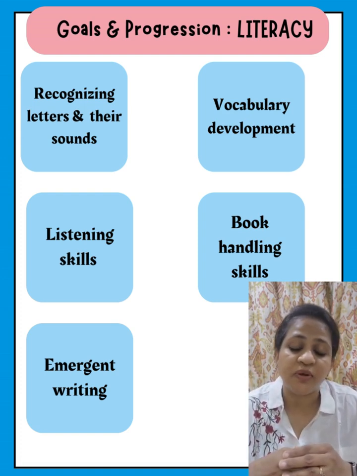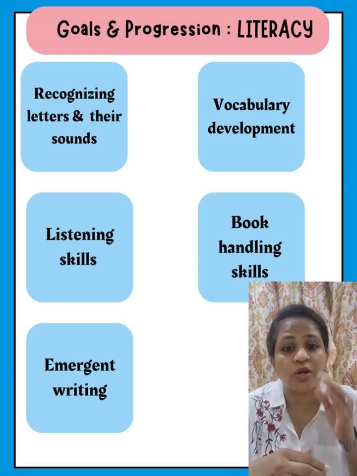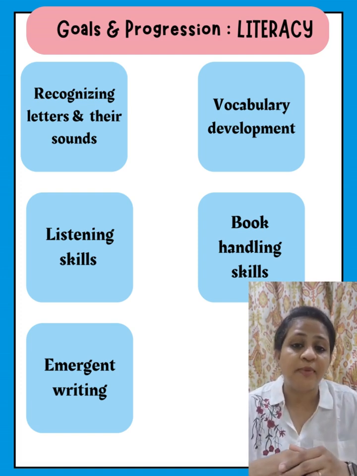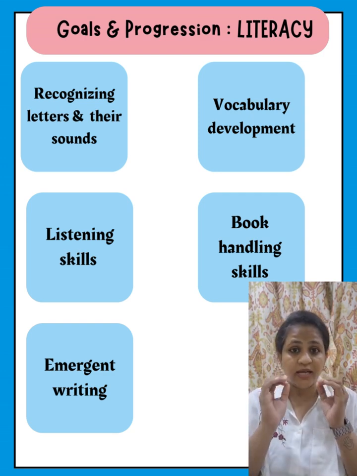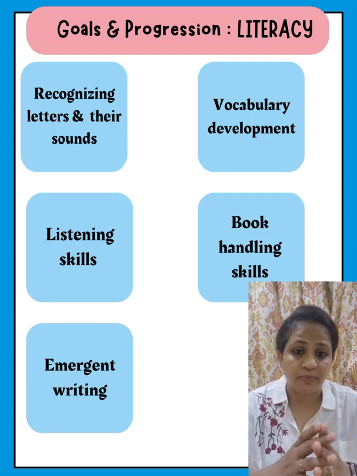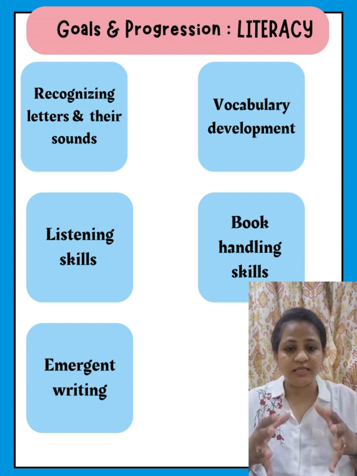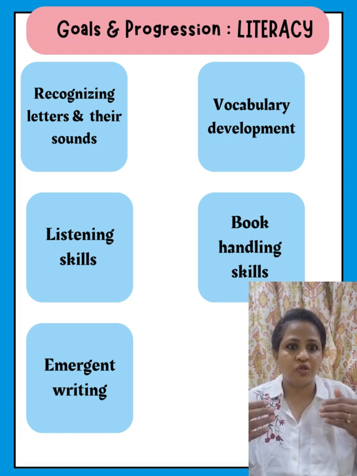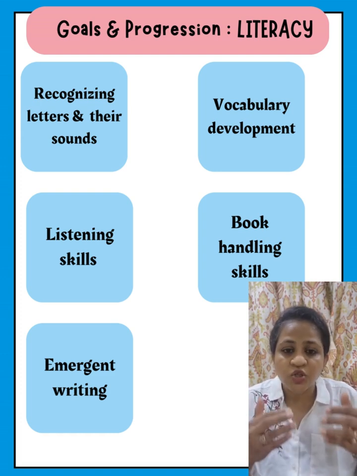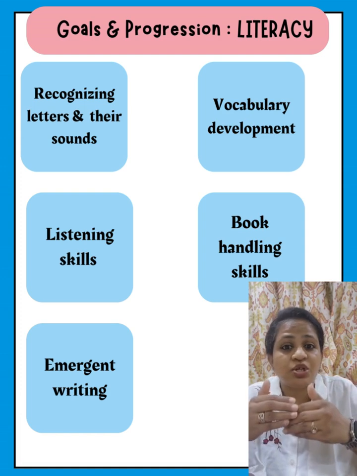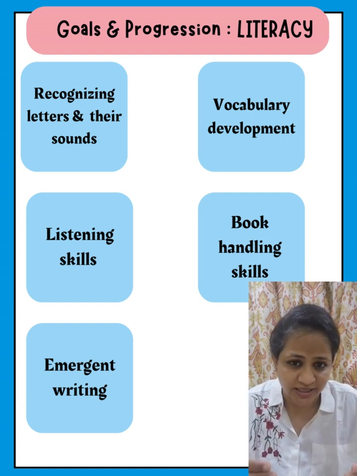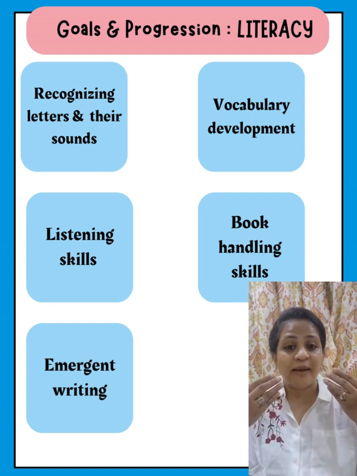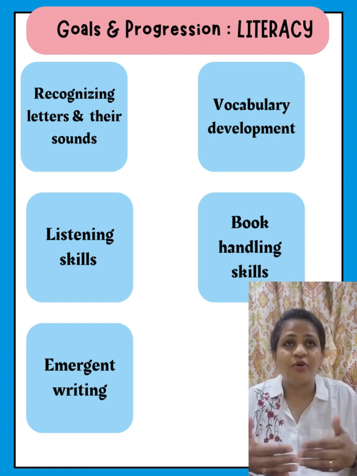Next, our goal is that the child progresses in vocabulary development. This is the beginning of their schooling, their social environment, where they come and learn new things. We want their vocabulary to be enriched.